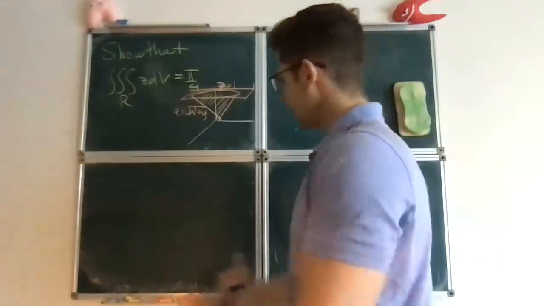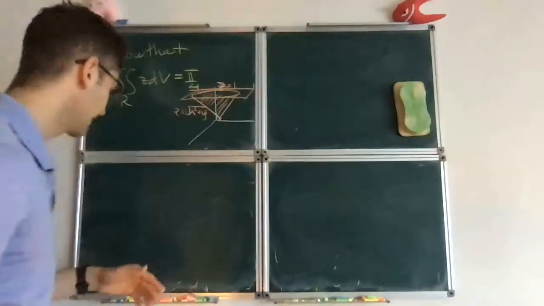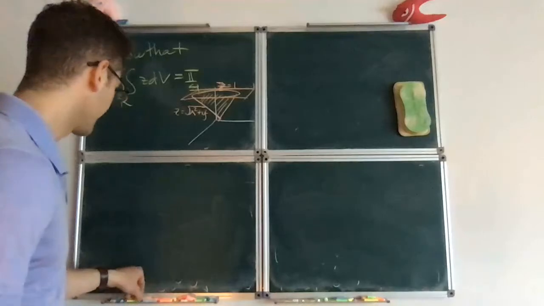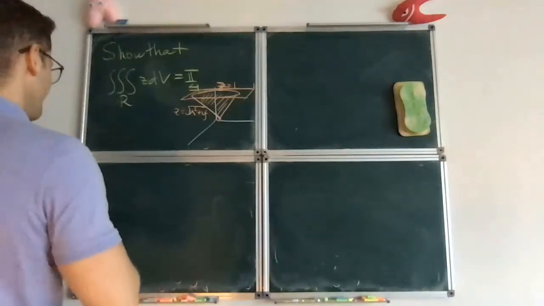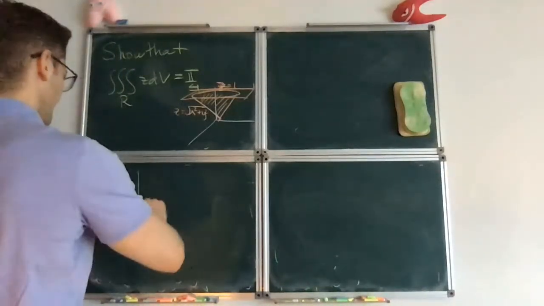Now, if you remember the idea, let's write what the spherical coordinates are supposed to be at a point.